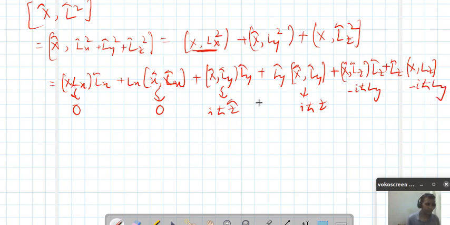So if I put their values, then what I am getting is iota h cross can be taken outside.